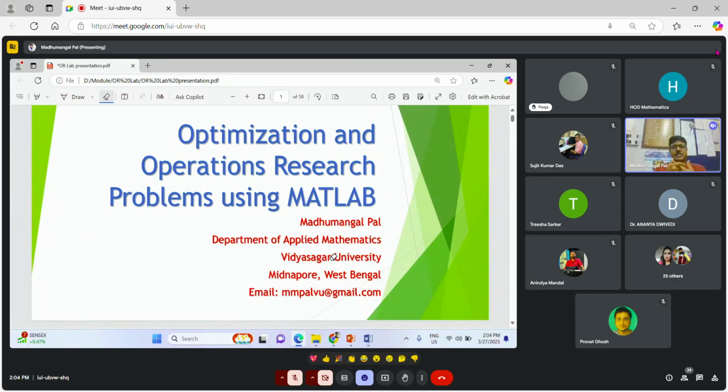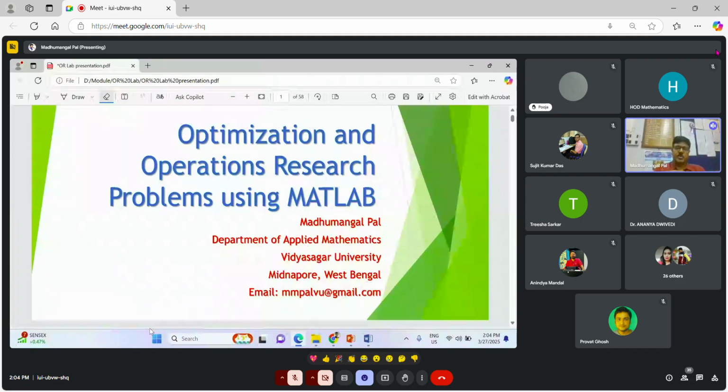This is a special topic of mathematics, optimization and operation research. This is a very specialized topic in mathematics. It is not suitable for all users, or not required for all users. So in MATLAB, there are a lot of different units or modules. One is for optimization and operation research problems.